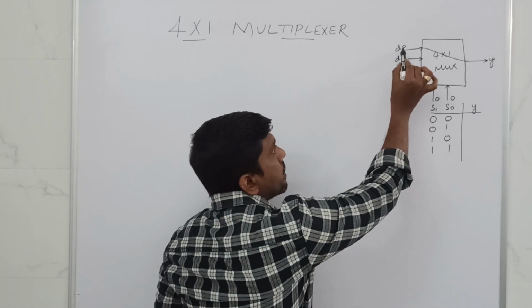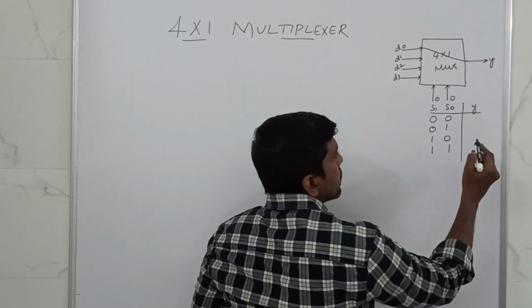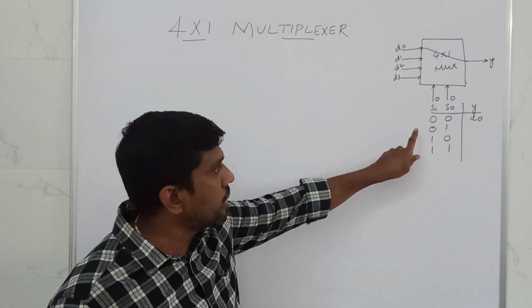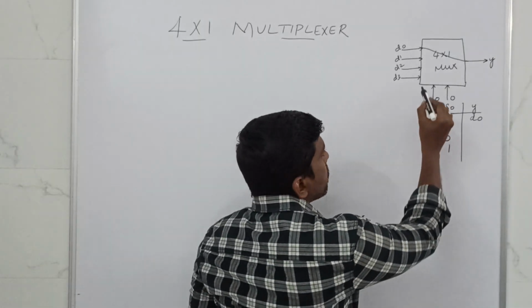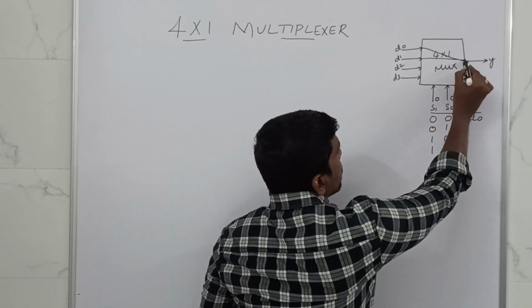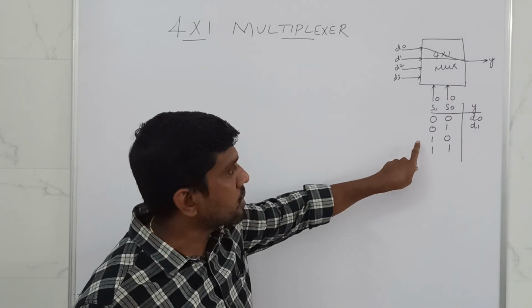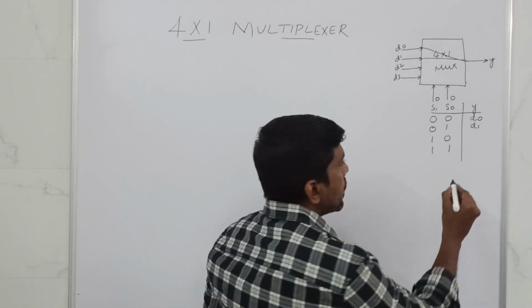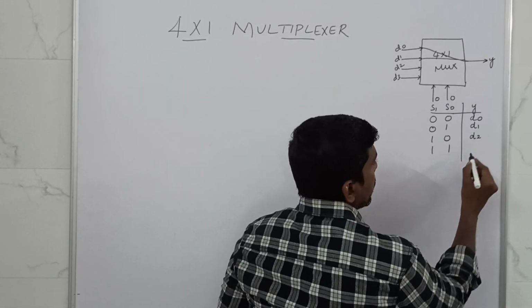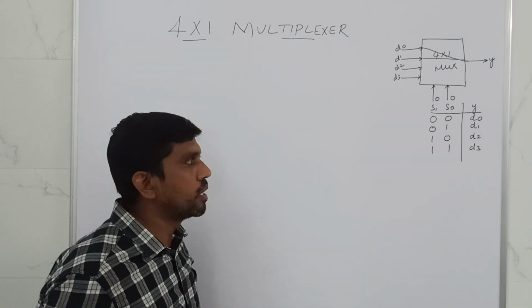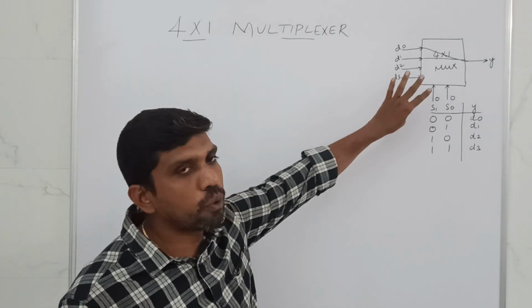Whatever value is present in D0 is mapped to output Y. So Y equals D0. Next case 01 means D1 is mapped to output Y, so Y equals D1. Likewise, selection line 10 means D2 is mapped to Y. Then 11 means D3 is mapped to output Y. So this is the basic operation of a 4x1 mux.